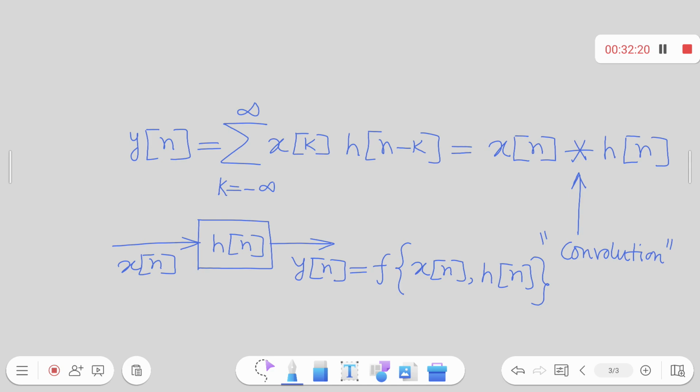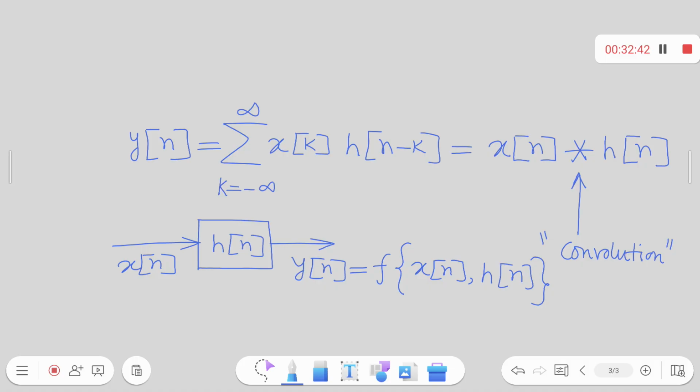So this convolution is represented by the summation over all k of x of k h of n minus k. And this operation involves four defined operations.